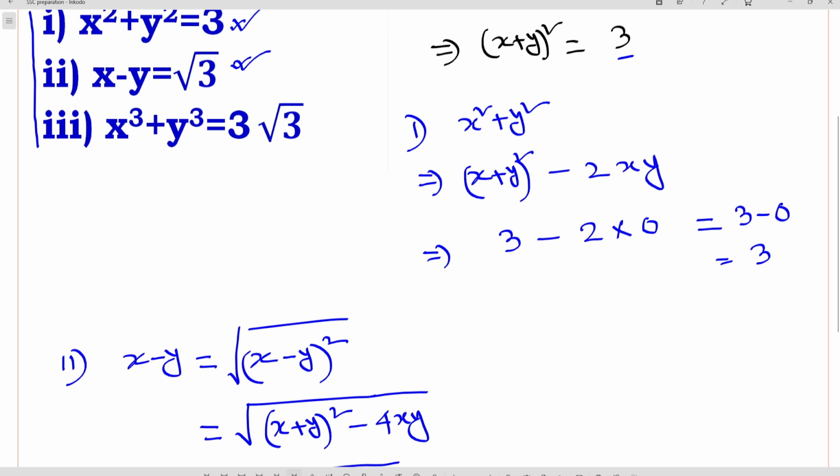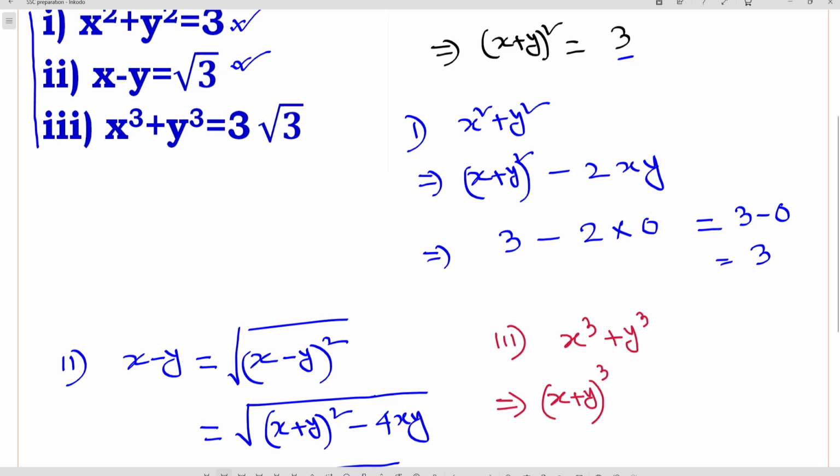What about statement 3? Here is x cube plus y cube. We can write this as (x plus y) whole cube minus 3xy times (x plus y).